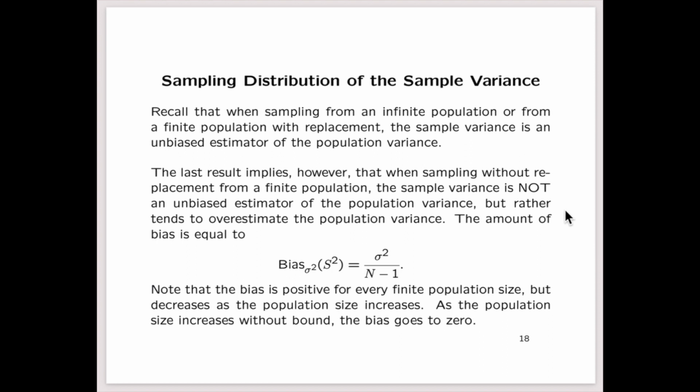Now, recall that when sampling from an infinite population or from a finite population with replacement, in other words, when utilizing IID random samples, the sample variance is an unbiased estimator of the population variance. In fact, let me scroll back here to the slide with the formula.